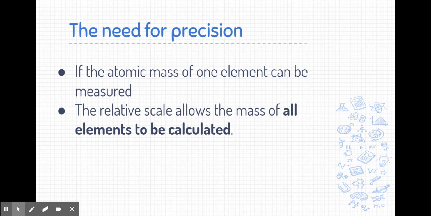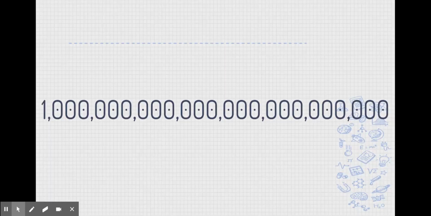But that's not something we're going to focus on. So let's just leave it to say that over the course of many years, it was found that the mass of a single element could be measured.